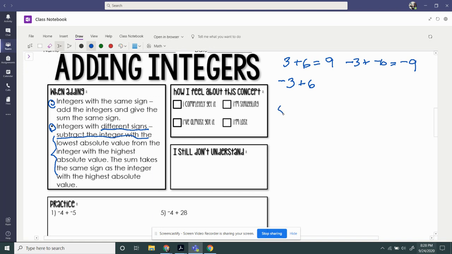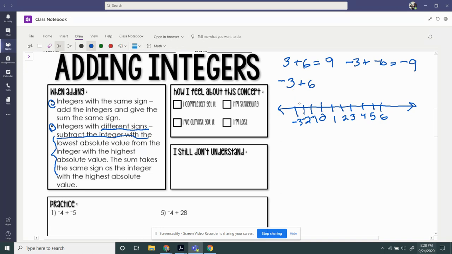You need to think in terms of the number line. So here's my 0, and here's my negative 1, negative 2, negative 3. And here's my 1, 2, 3, 4, 5, 6.